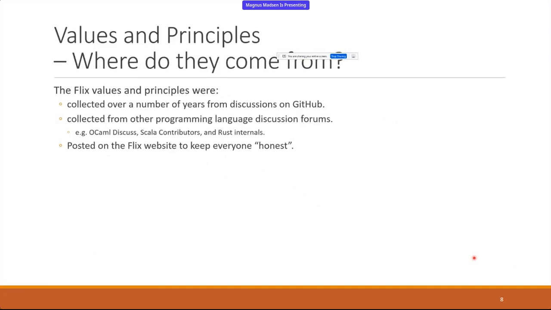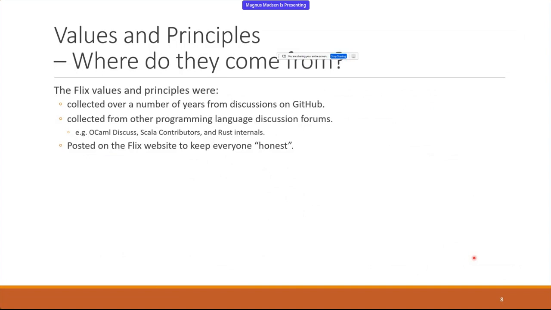Where do these values and principles come from? Well, they emerged out of discussions we had over the last 5-6 years on GitHub. Whenever we were designing some part of the language, inevitably discussions would arise, and we had to come up with a set of design choices. What happened was we started writing down a summary of these discussions.